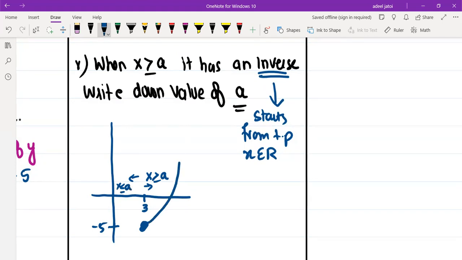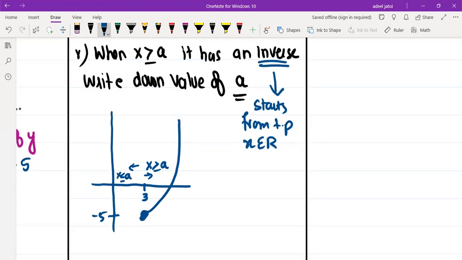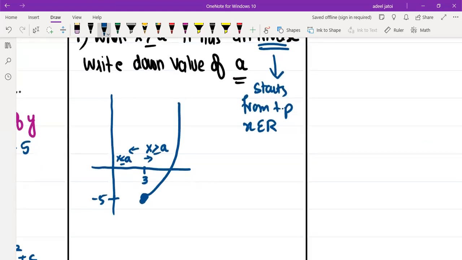So the graph will go like this only, a curve that shows the increasing function. I have to write down the value of x from where the inverse starts. Your inverse starts from a, and your a value becomes 3.